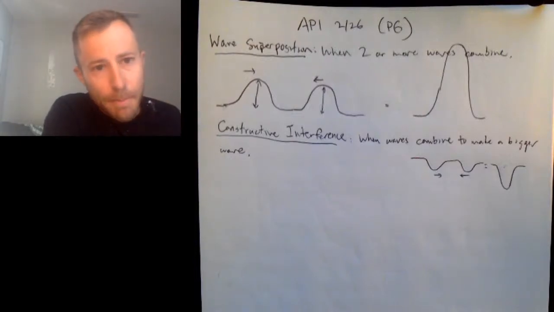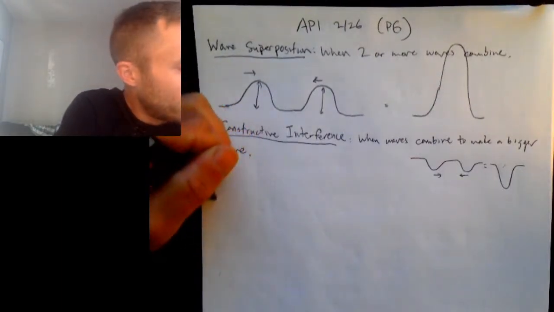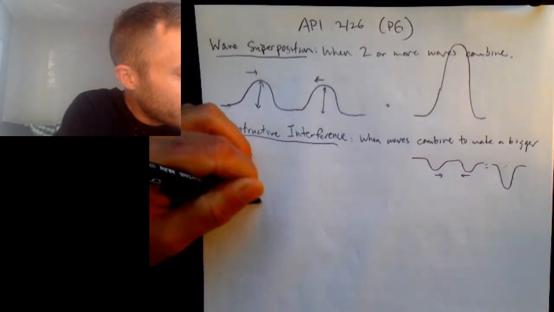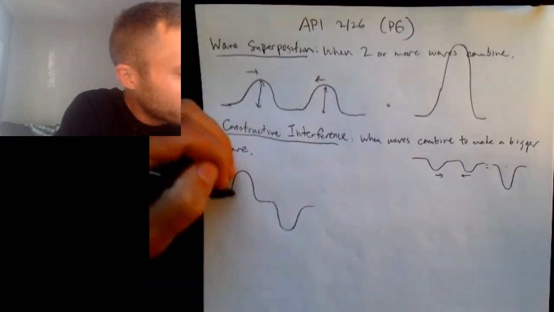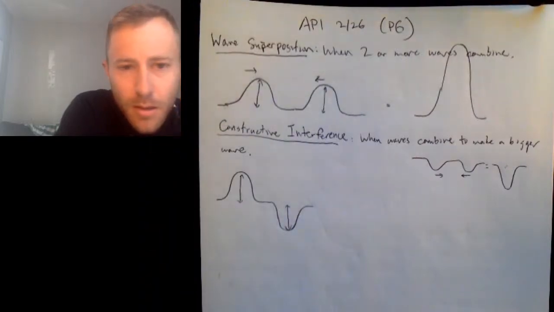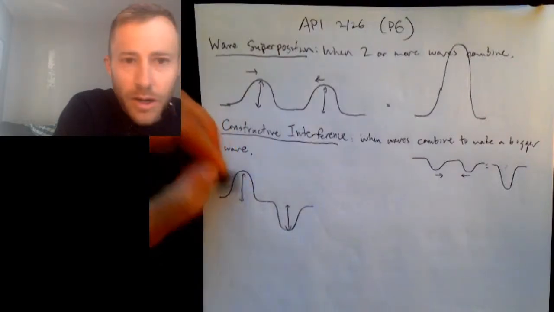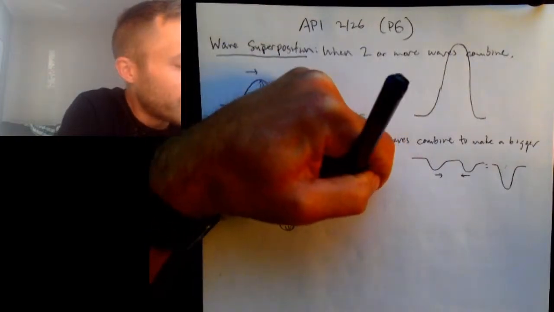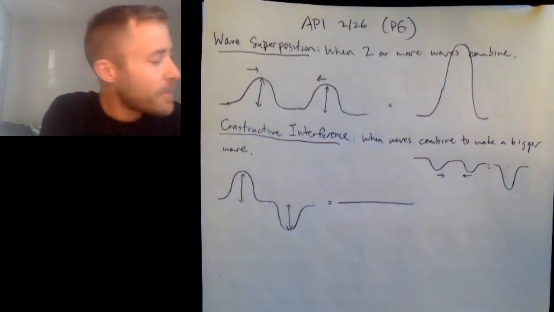You can also have situations where you have one wave that looks like a peak and the other wave looks like a valley. Like that. Okay. And when these combine, well, one has a positive amplitude and the other one has a negative amplitude. So they combine to make a completely flat surface, like an undisturbed surface.